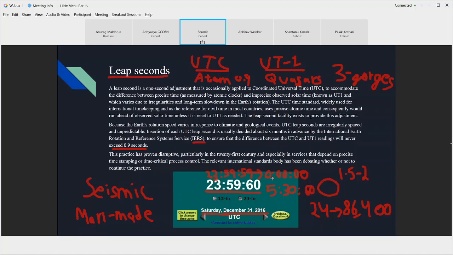A leap second is a decently rare phenomenon. The scientists announce it 6 months prior, on two dates.